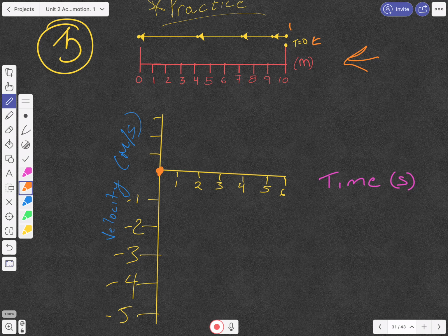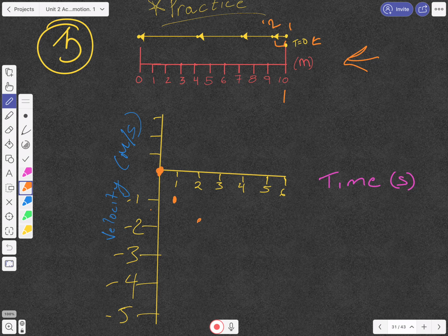Now here is 1 and 2, or you might have wanted to start it at positive 10 up here, but again, we're doing the velocity, not the position. So now at 1 second, you have this distance here, and so it's going in the negative direction, and we're going from 10 to 9, so we can say it's about -1 at 1 second.